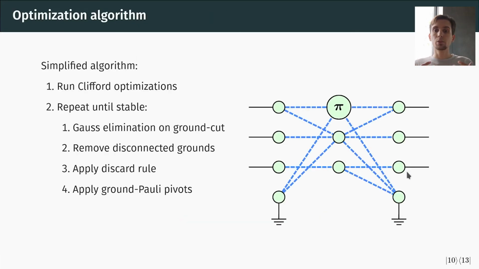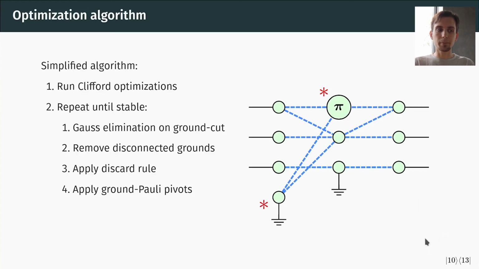Now, with this we can define our optimization algorithm, where first we start by applying the pure gFlow optimization and then running the Gauss elimination process on the bi-adjacency matrix, so that we can look at the matrix to find matches for our discarding rule and delete any isolated grounded spider.